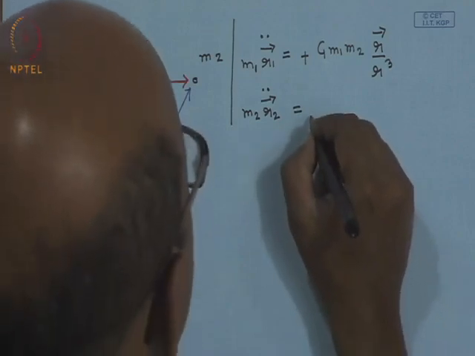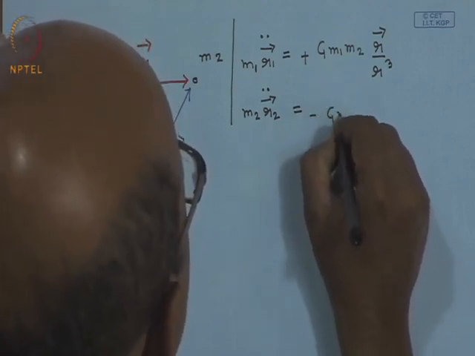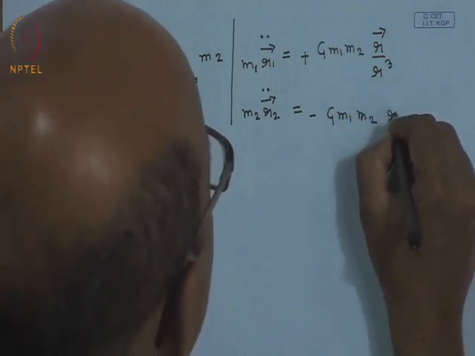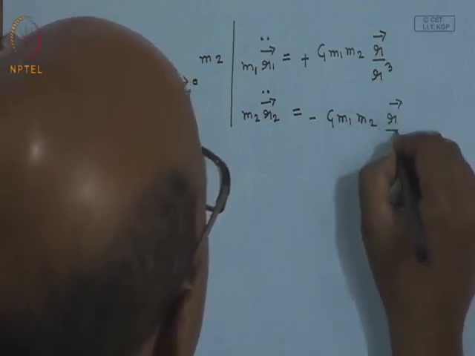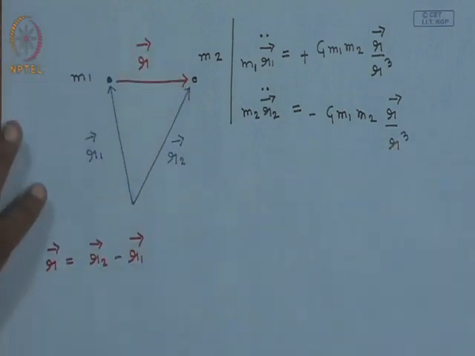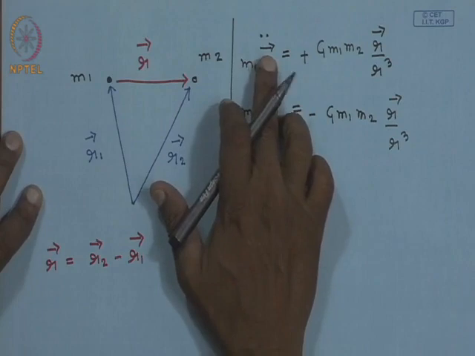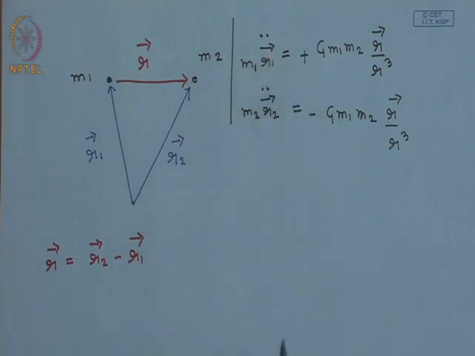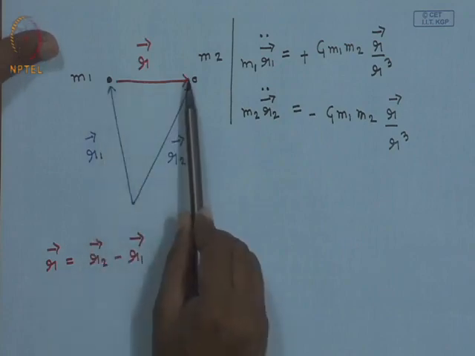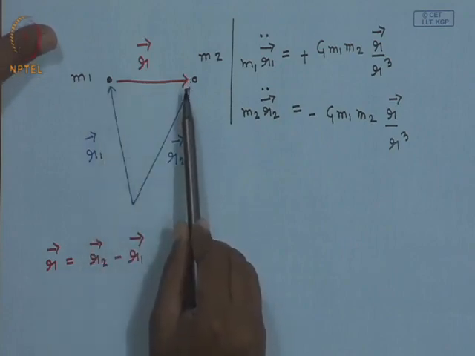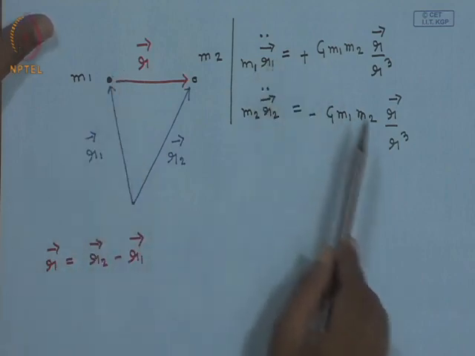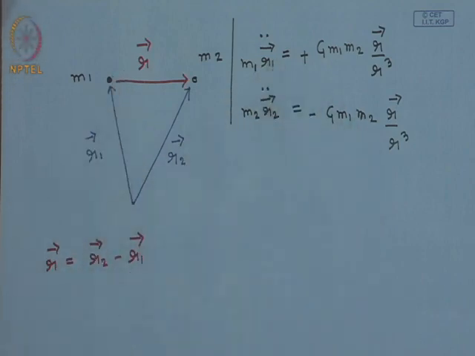So, I have to put a minus sign, G m1 m2, and the same thing r by r cube. Now, the question is, how do we solve the equation of motion of these two particles? You can see that they are coupled. So, the motion of this particle depends on the coordinate of this particle, and the motion of this particle depends on the coordinates of this particle. We have to simultaneously solve both of these equations.